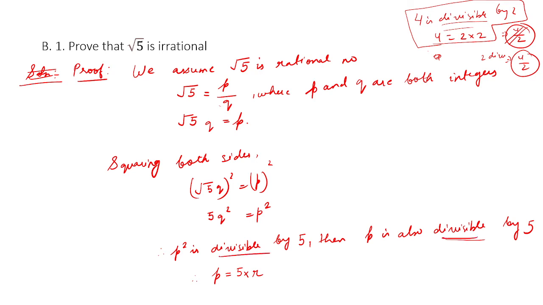When I talk about divisible, p is divisible by 5 means p can be written as 5 into something. So what do you have for p? p is equal to 5 into r. So I'll replace p equal to 5r in equation 1. You'll be getting 5q square, and p we're getting as 5r, so 5r the whole thing square.